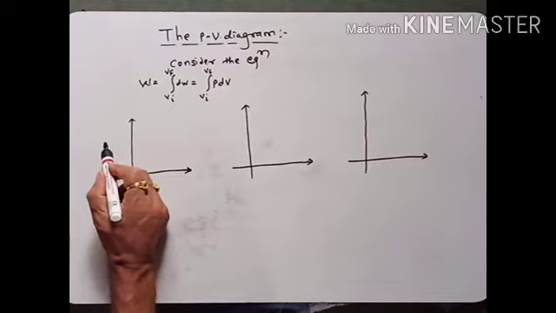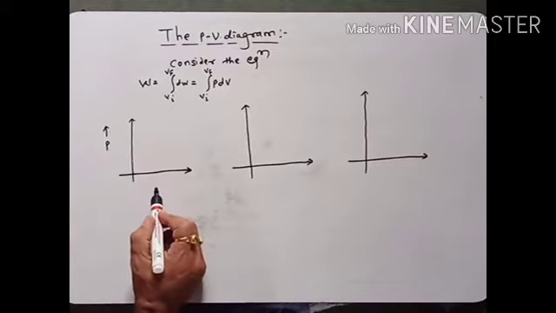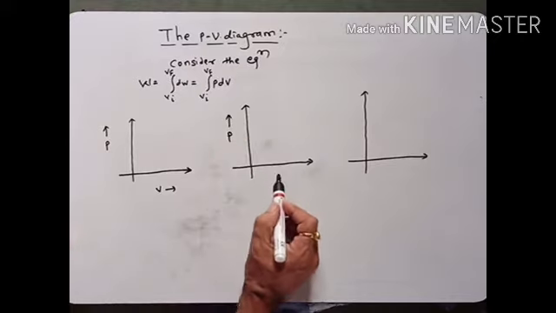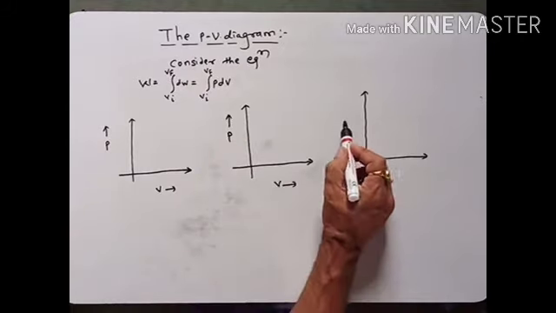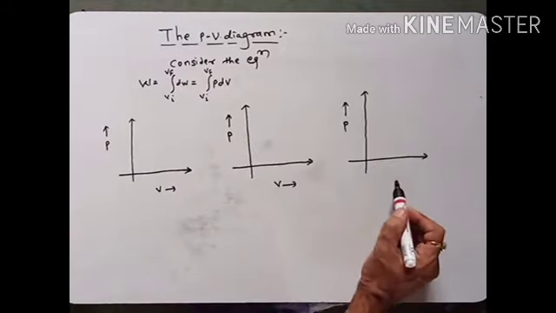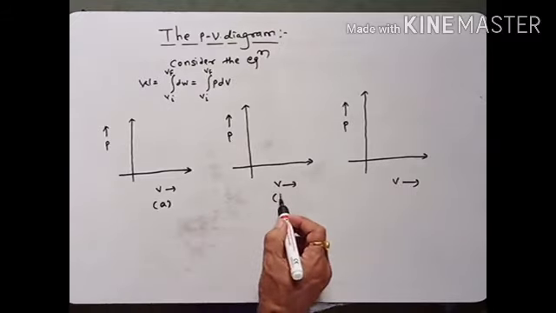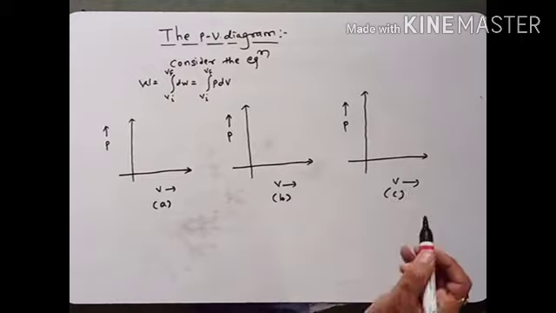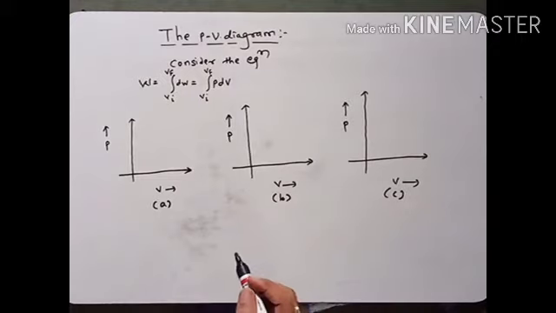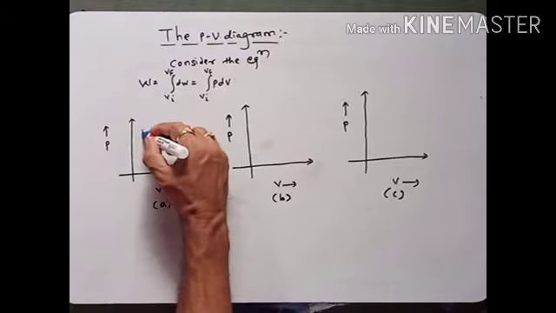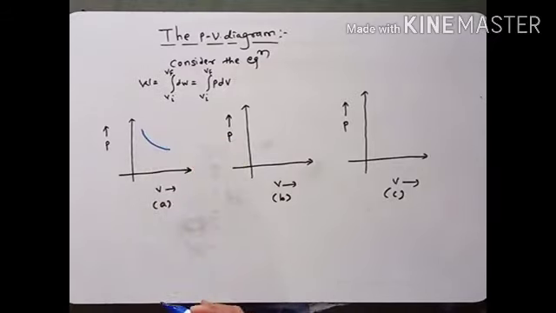Here, suppose we consider pressure on the y-axis and volume on the x-axis in each case. Suppose this is figure A, this is figure B, and this is figure C. Now suppose the state changes from 1 to 2. Suppose this is the PV curve.